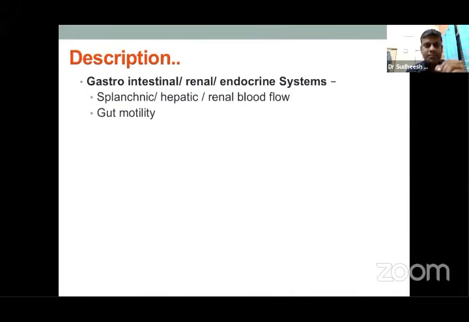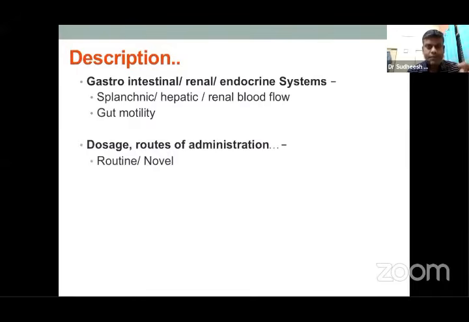That is the reason why you should understand the effect of these drugs on hepatic blood flow and renal blood flow, and then gut motility, because PONV, constipation, etc., are all part of your perioperative management. So you should understand the effect of these drugs on these various parameters of this system. Then next is the endocrine system, with regard to adrenocortical suppression or sympathetic stimulation, sympathetic suppression, etc.